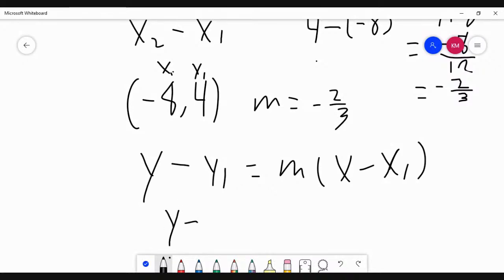Plug in, I have y minus y1, which is 4, equals m, which is negative 2/3, parenthesis x minus negative 8.